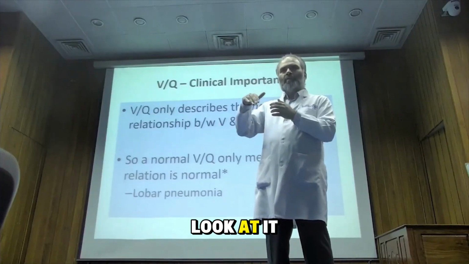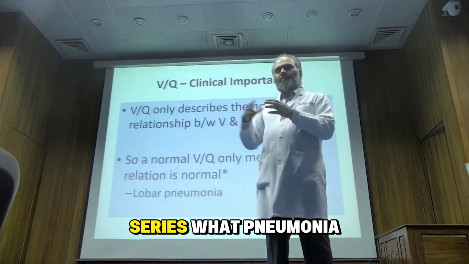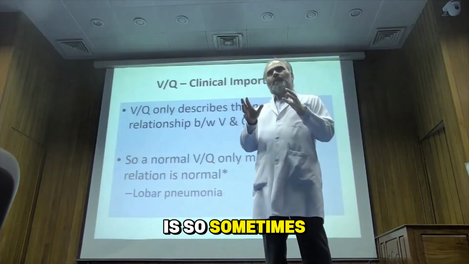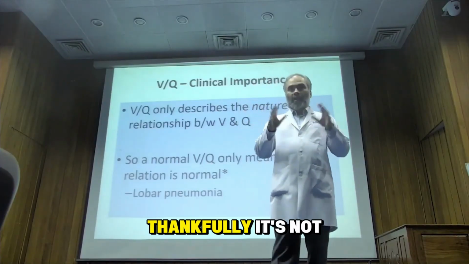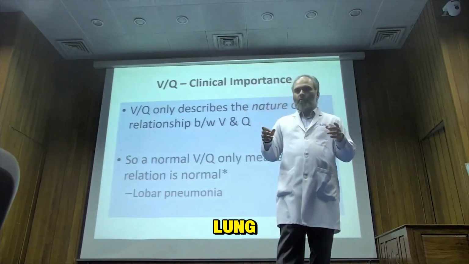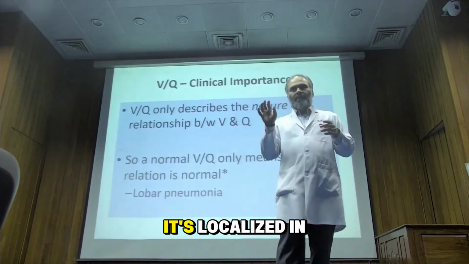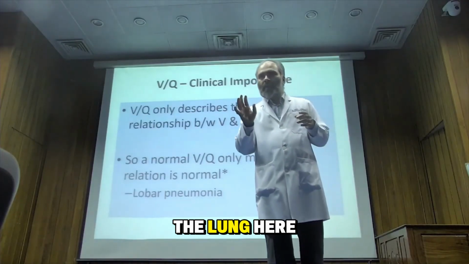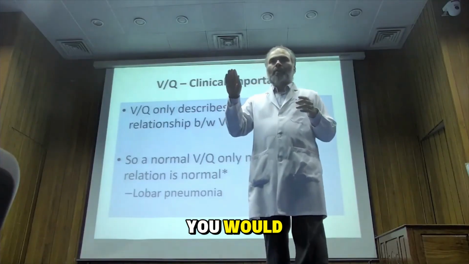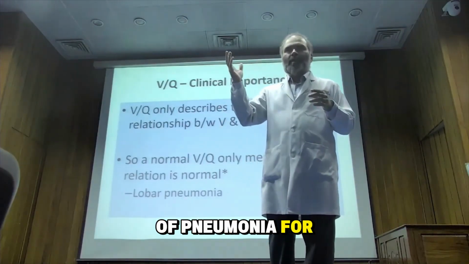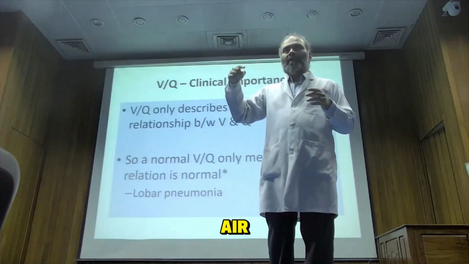We will look at it at the end of this series, what pneumonia is. So sometimes, thankfully, pneumonia is not in the entire lung or even in one whole lung. It's localized in one lobe of the lung. Here, you would have a patch of pneumonia, for example, which will not be receiving air.